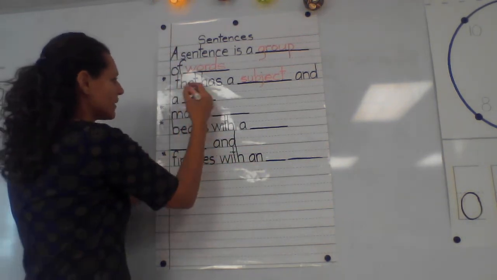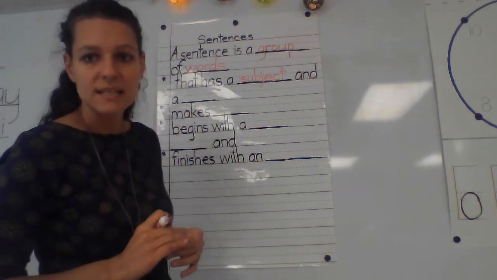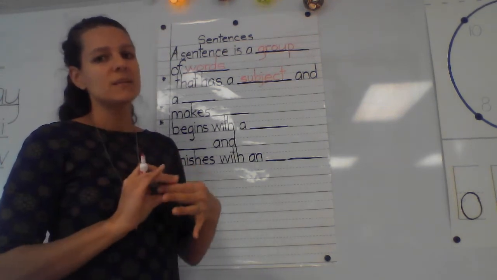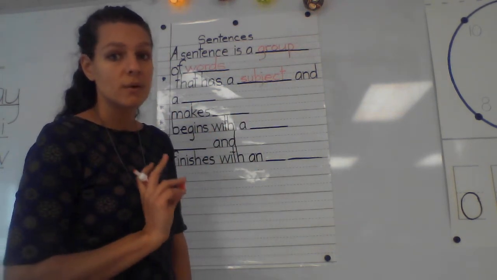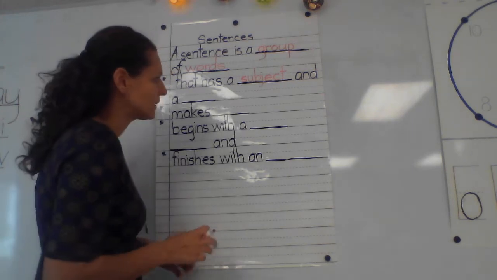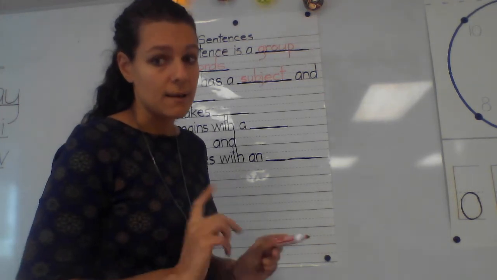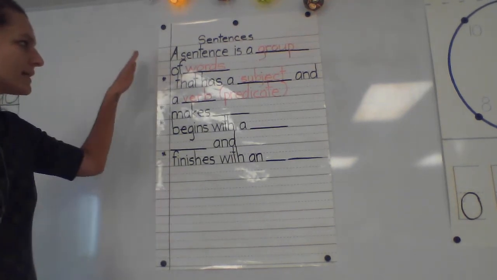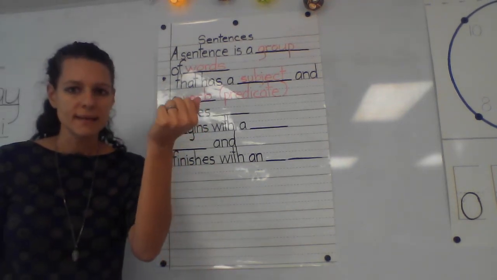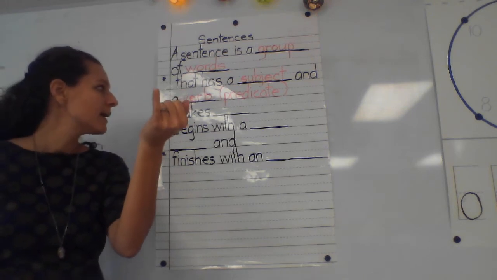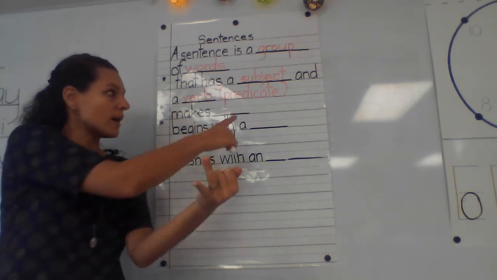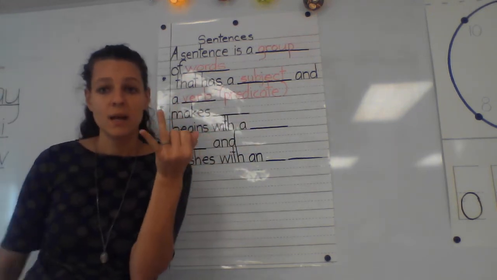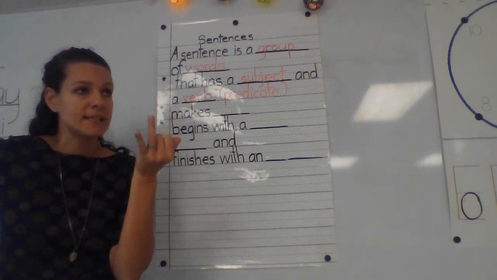But we can say verb, but then after it in parentheses, I'm going to put predicate, just because next year when you start doing more grammar, I think you're going to use predicate more. All right, so a sentence is a group of words that has a subject and a verb, which we also call the predicate.